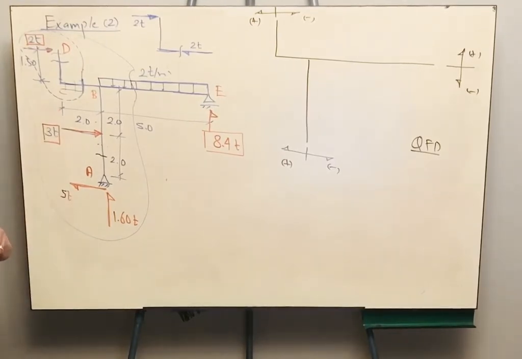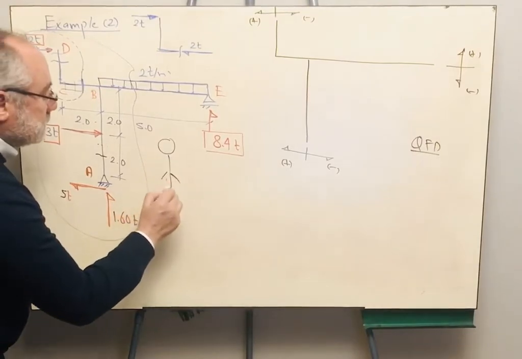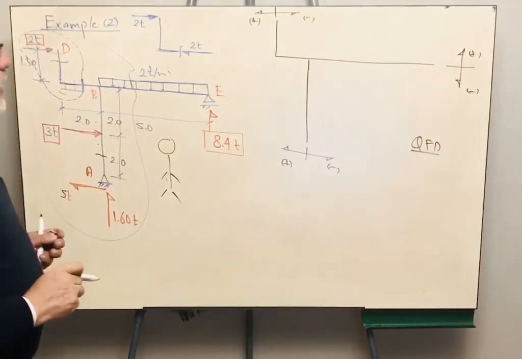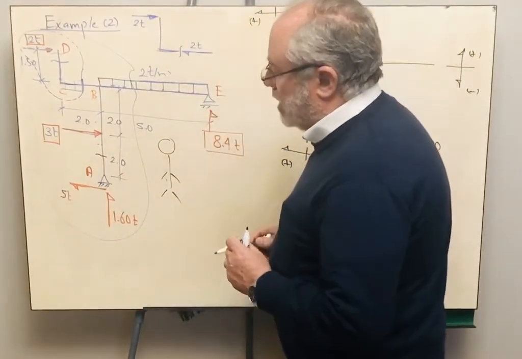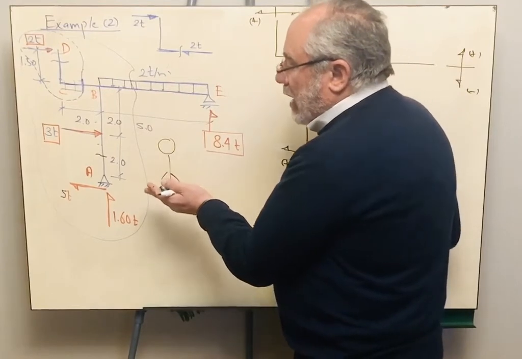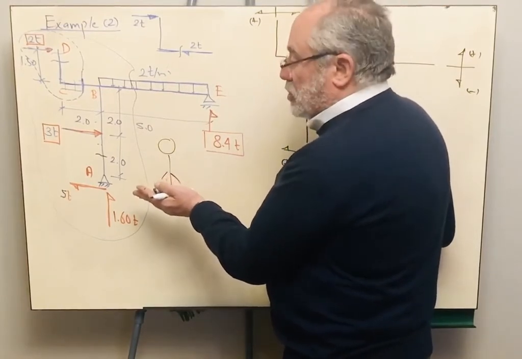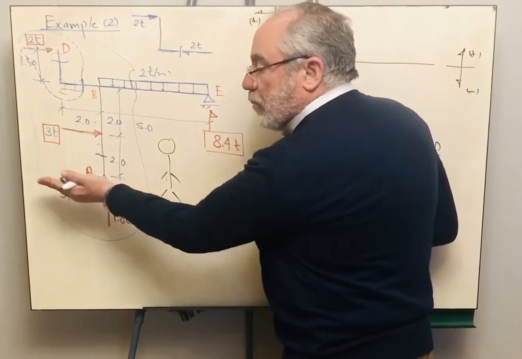Where do we stand? We are standing here, right? Where is my left and where is my right? We are standing here under the frame. Therefore, this is my left hand side. Now I am having a force on my left hand side at point A and pointing upward.